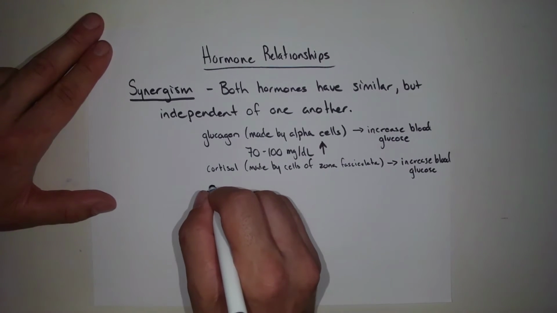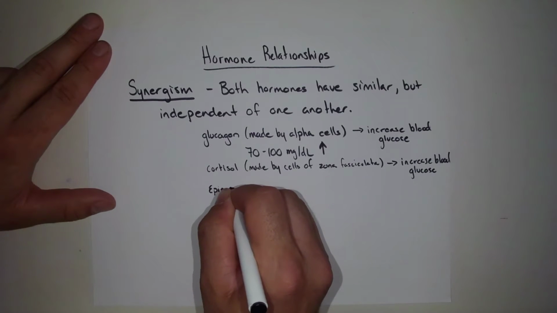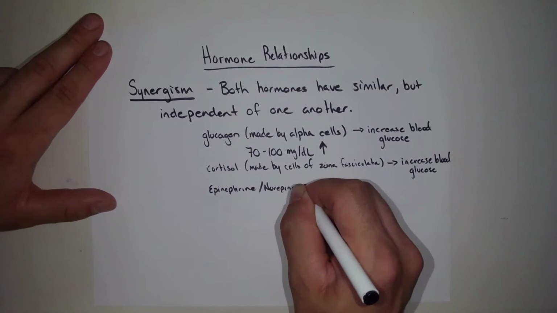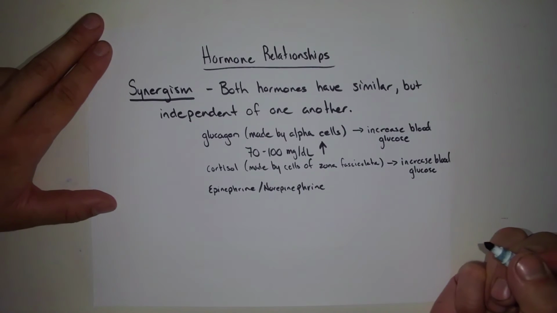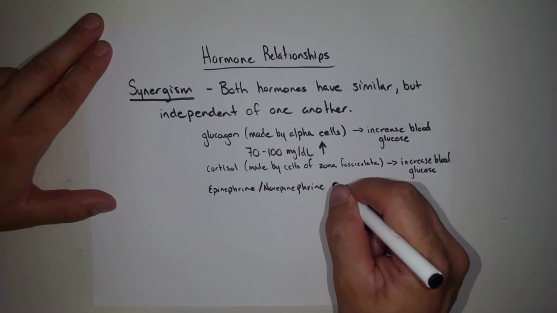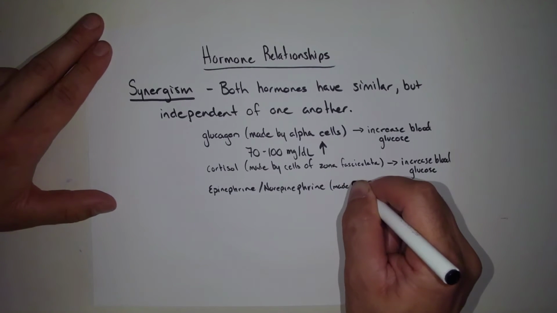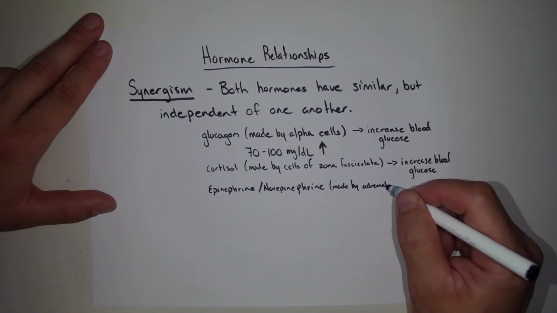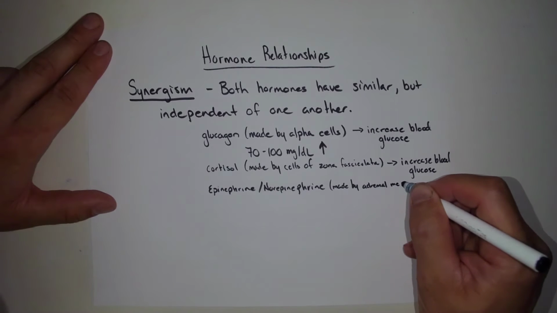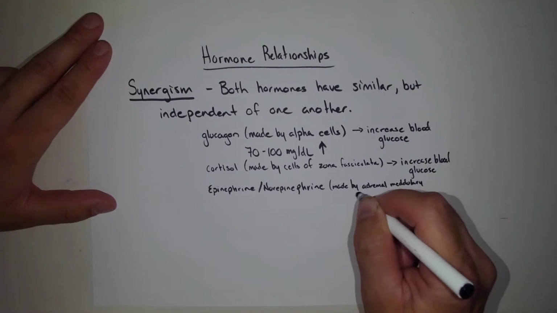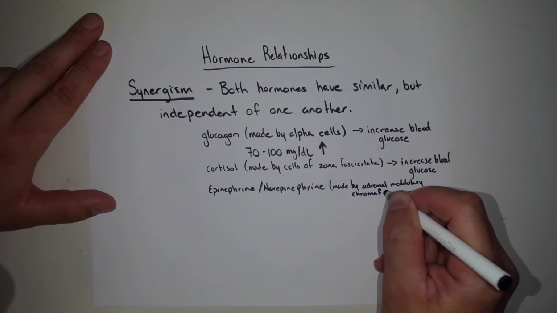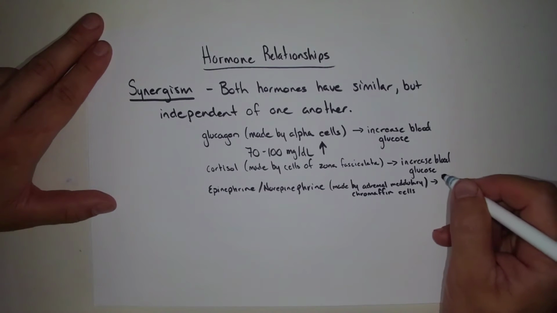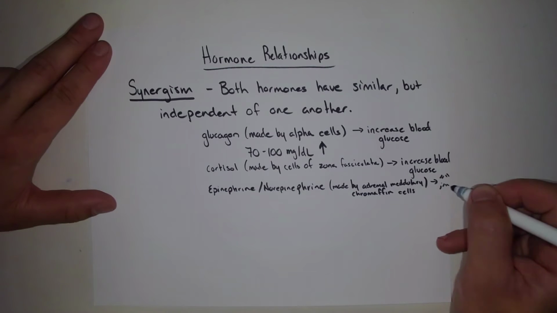Now there's another hormone like epinephrine and norepinephrine, these tyrosine derivatives, made by the adrenal medulla, by adrenal medullary chromaffin cells, all to increase blood glucose. Same thing.